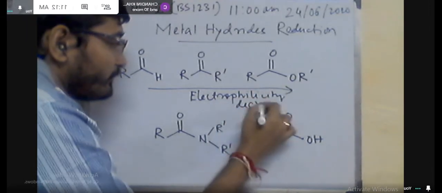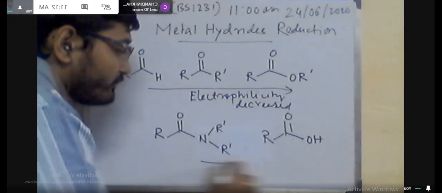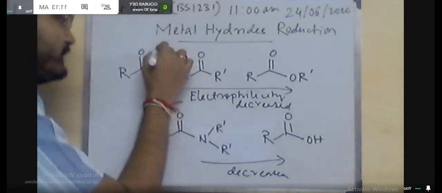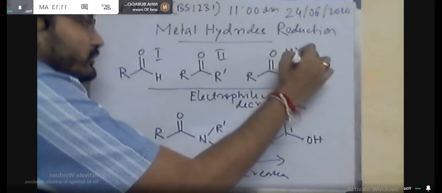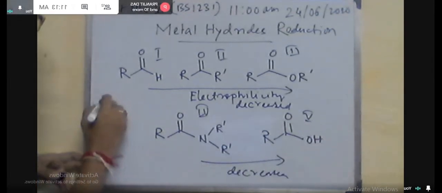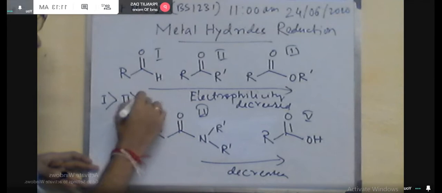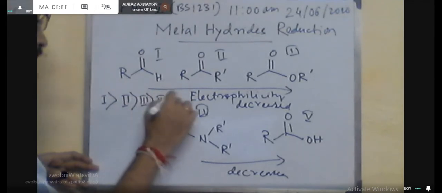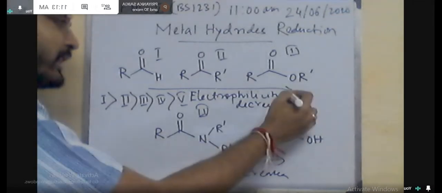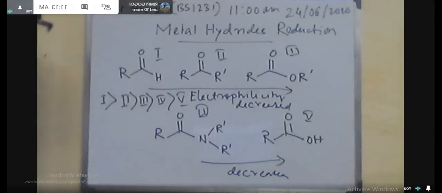If this is 1, 2, 3, 4, 5, then the decreasing order is 1 greater than 2, 3, 4, 5. Now why am I concerned about the electrophilicity of this center? Because in metal hydride reactions, the common mechanism is to shift the hydride anion to this electrophilic center, and that is the reduction pathway.